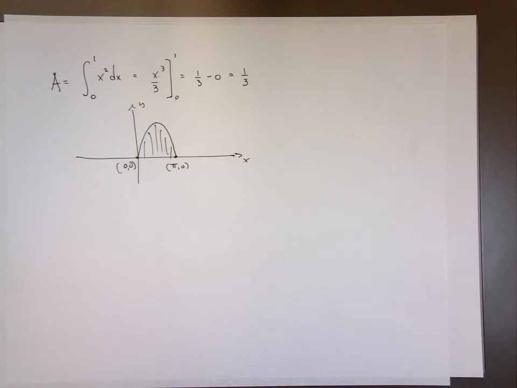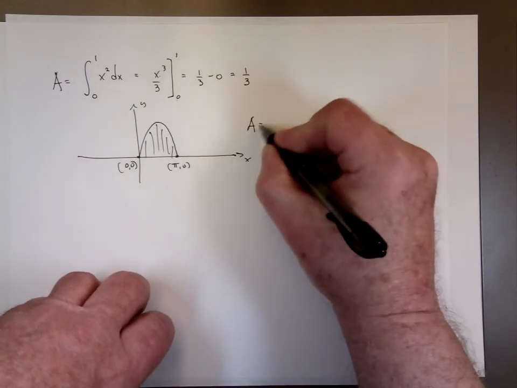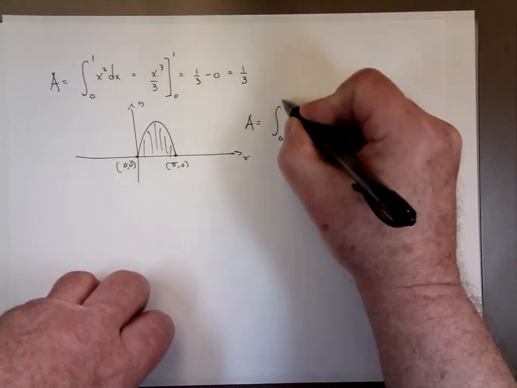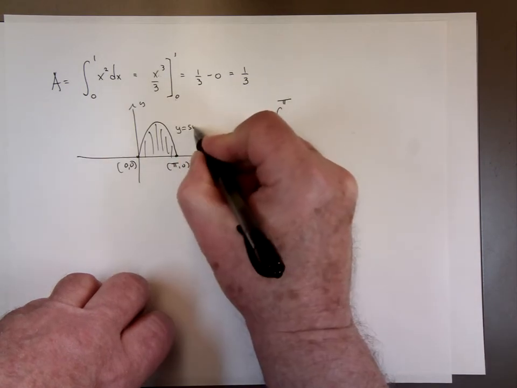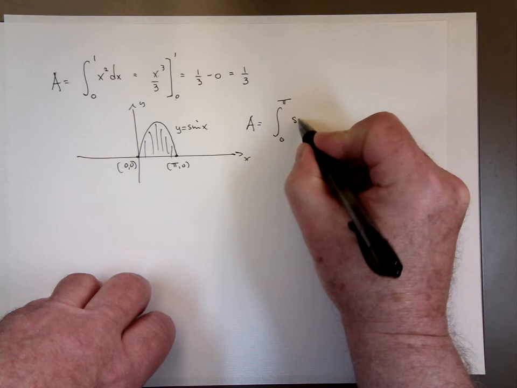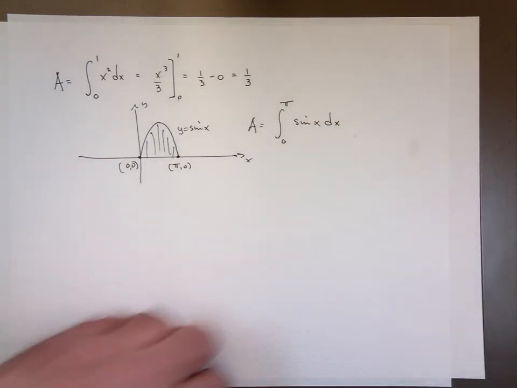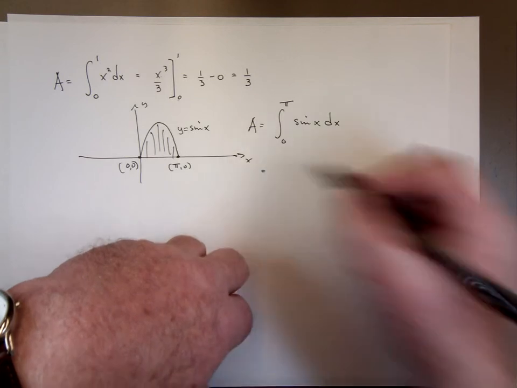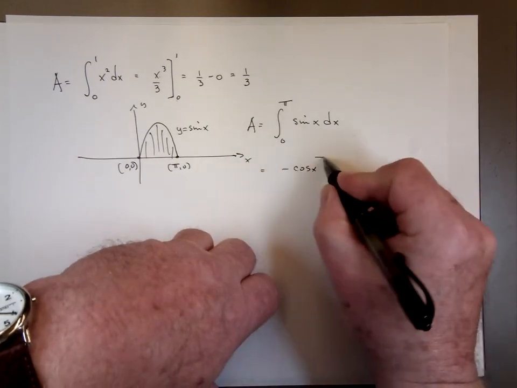It's equal to the integral from 0 to pi of sine x. What's the integral of sine? Negative cosine, from 0 to pi. What's the cosine of pi?